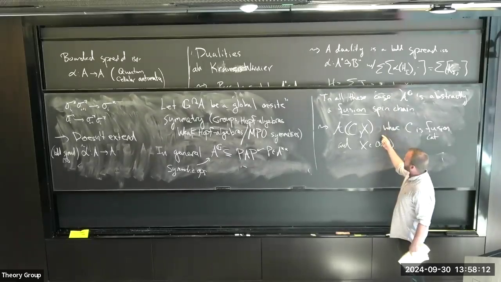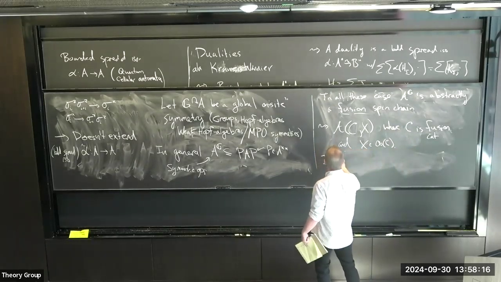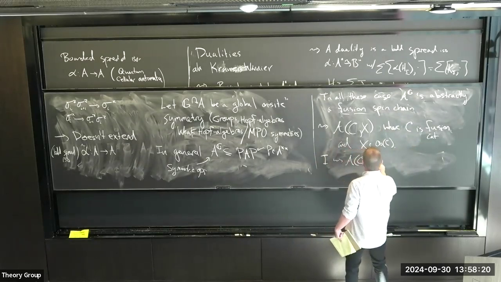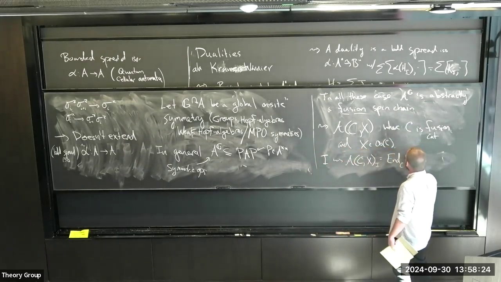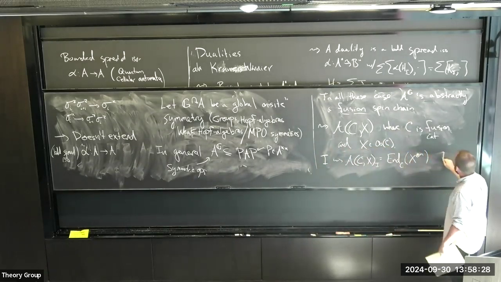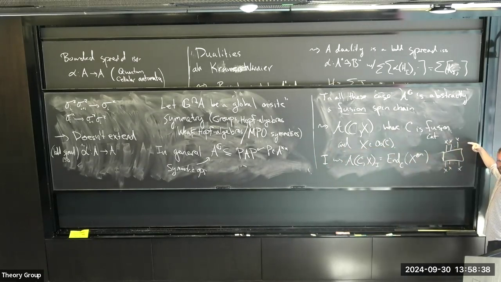Okay, so let me give you this concrete thing. For each interval I, I'm going to define my algebra A(C, X, I) to just be endomorphisms in the fusion category of this object. These are just pictures that I draw, where I have strings that go by my objects X, and I just take all the morphisms I can draw in my fusion category from X^n to X^n.